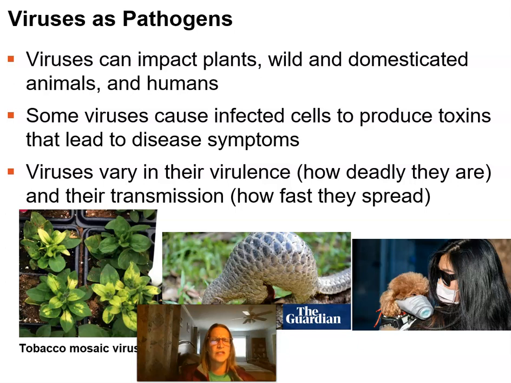And obviously viruses vary in their virulence, which means how nasty they are, how likely they are to cause a lot of damage or death. And they also vary in how quickly they are transmitted from one host to another. And that causes a lot of issues in terms of which viruses are the bigger problems, in terms of how deadly they are or how rapidly they spread.